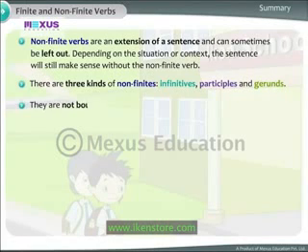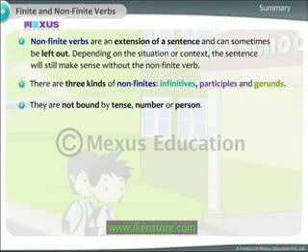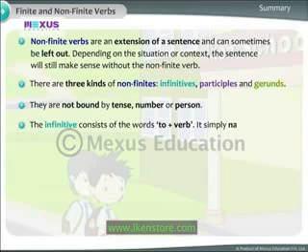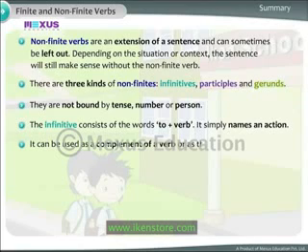They are not bound by tense, number, or person. The infinitive consists of the words to plus verb. It simply names an action. It can be used as a complement of a verb or as the subject of a sentence.